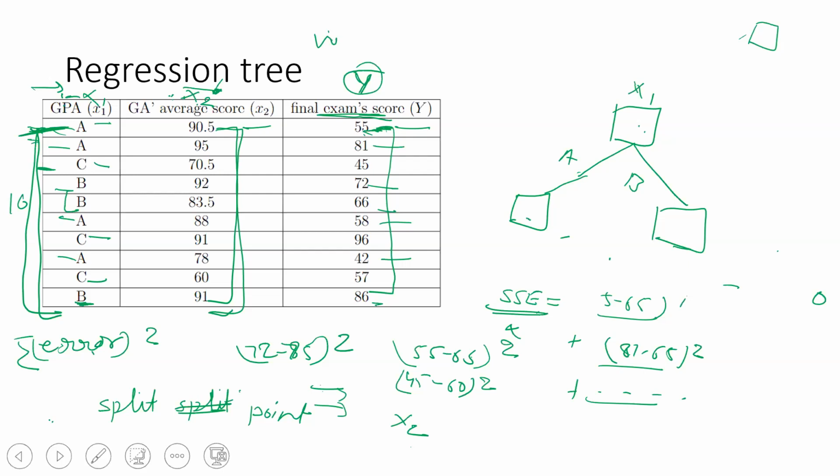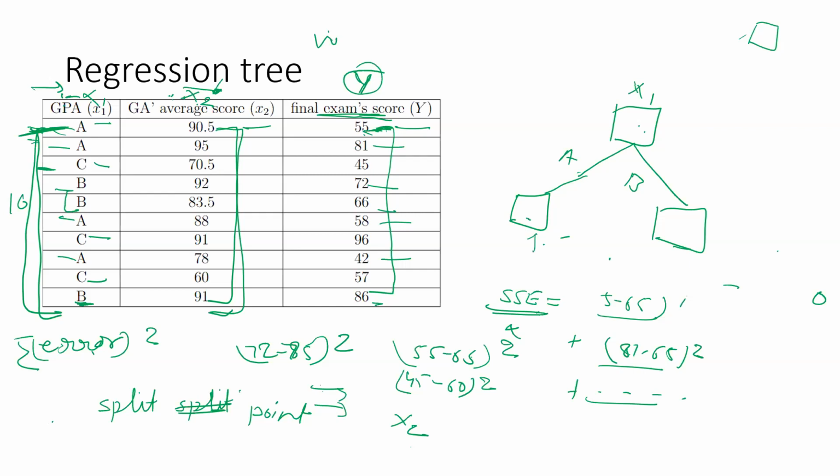Sir, unlike Gini and entropy, we don't need to do proportionate SSEs for each of those A, B, C? No, nothing. In variance reduction, I think in one of the solved examples, we had taken a proportionate value for each of the possibilities. It won't affect your split, because remember here we are making predictions and taking the error.